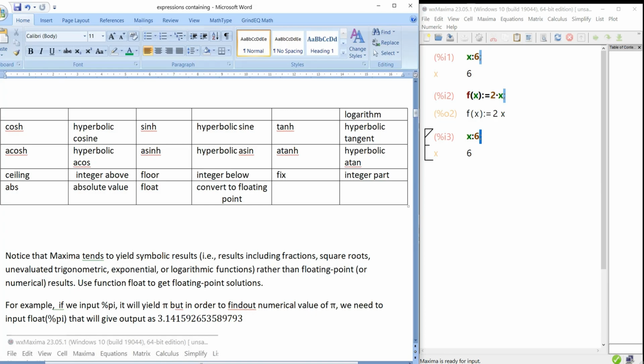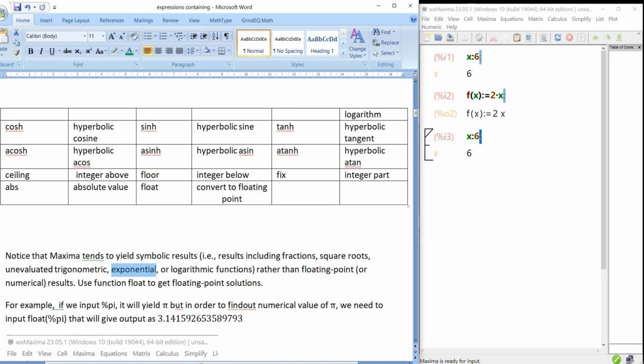Notice that Maxima tends to yield symbolic results. Whenever we perform calculations in Maxima, we get symbolic results. What does it mean? The results include fractions, square roots, unevaluated trigonometric functions, unevaluated exponential functions, unevaluated logarithmic functions. It means in the output, trigonometric functions will be there, exponential functions will be there.